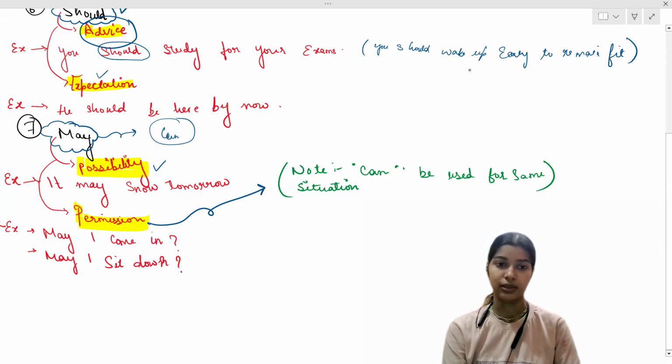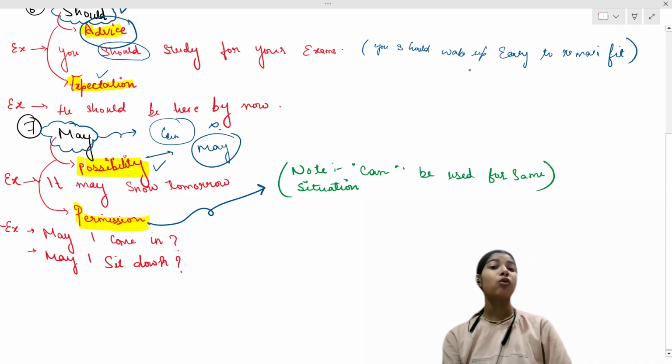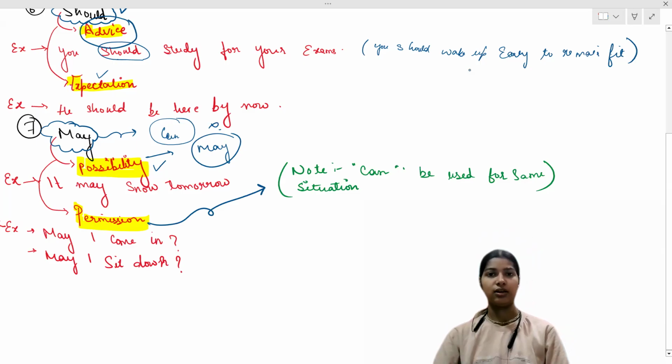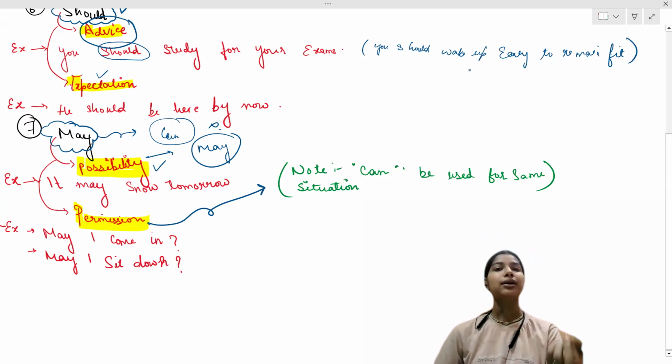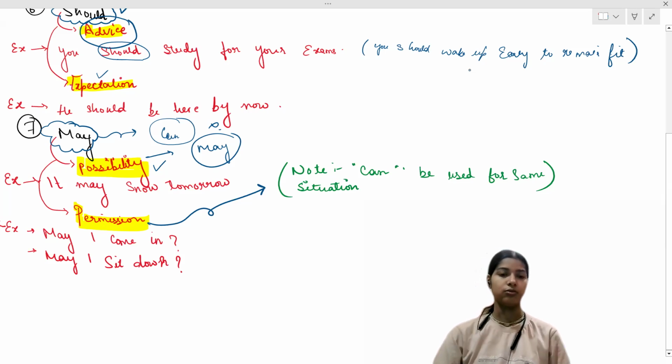But in possibility, there is may. It may snow tomorrow, right? There is a possibility that yeah, it may snow tomorrow. Or in a negative, it may not snow tomorrow, right? So there are two possibilities. It may snow tomorrow, it may not snow tomorrow. So in may, we are giving the possibilities.